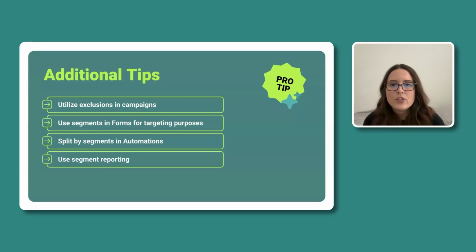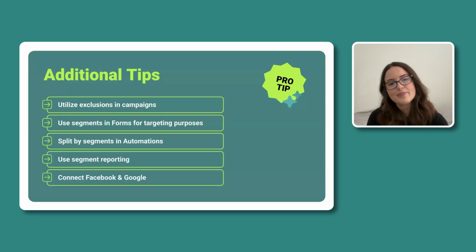Look for key indications. If you're seeing a dip in the overall placed orders for that certain segment, that's the insight that we need to look in and maybe change the logic a little bit. And then just like I mentioned about targeting purposes in our forms, same process with Facebook and Google. So in your segments, you can actually sync over to Facebook and Google and use that for retargeting purposes for ads.